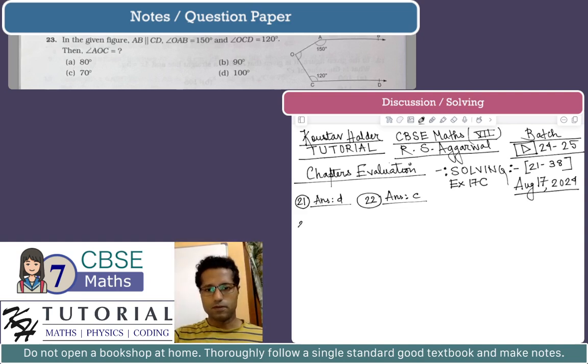In this figure it is given that AB is parallel to CD.